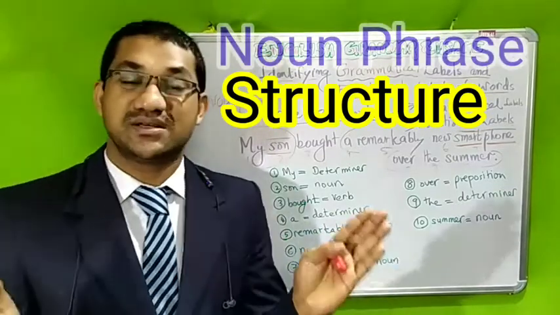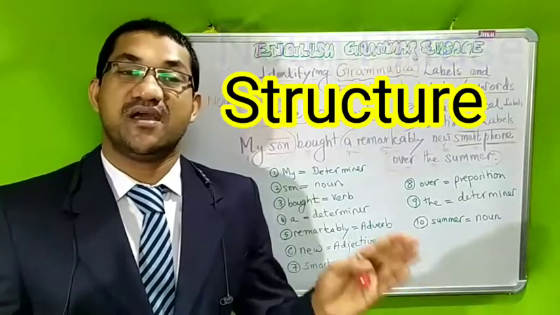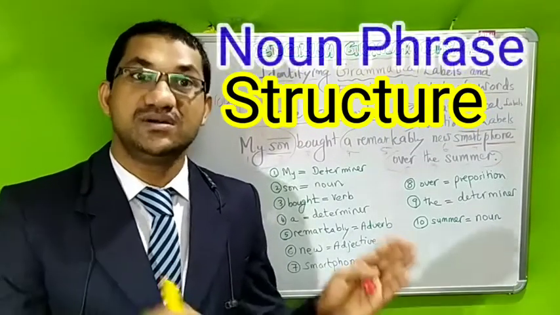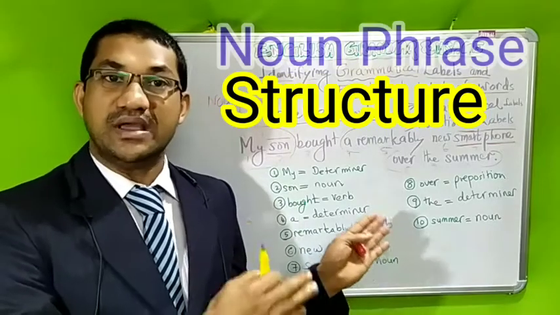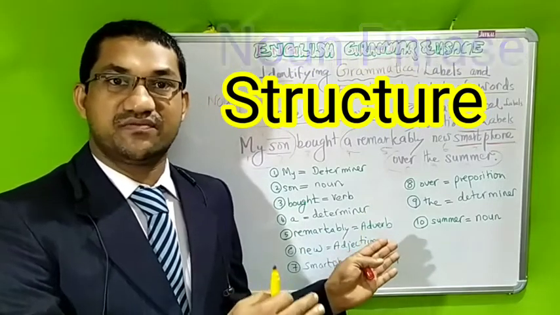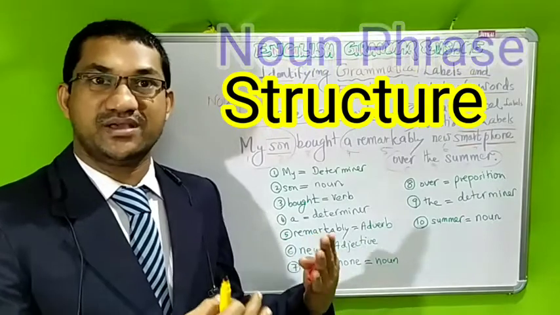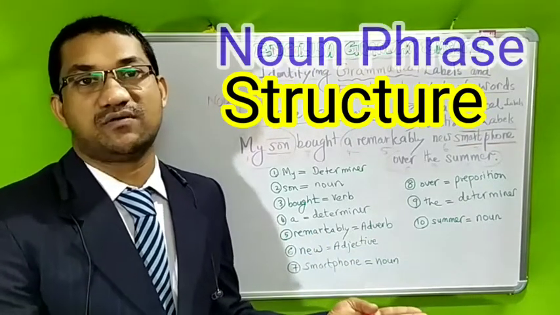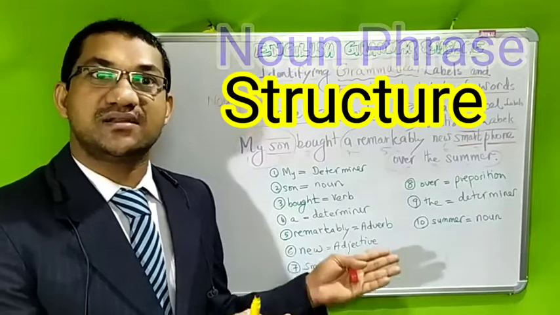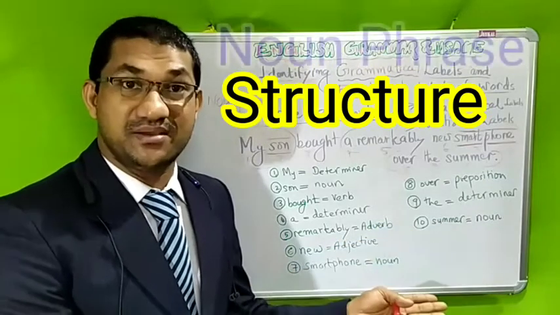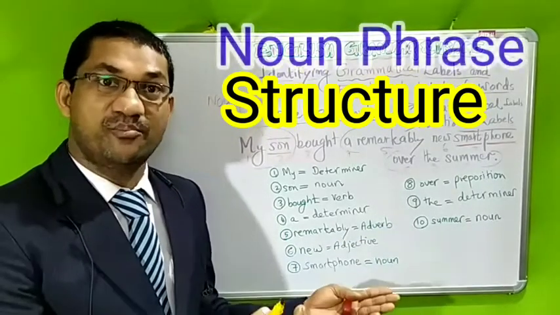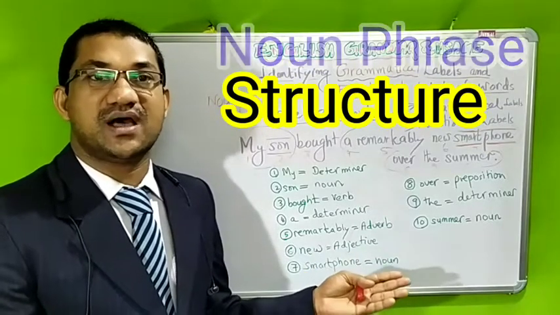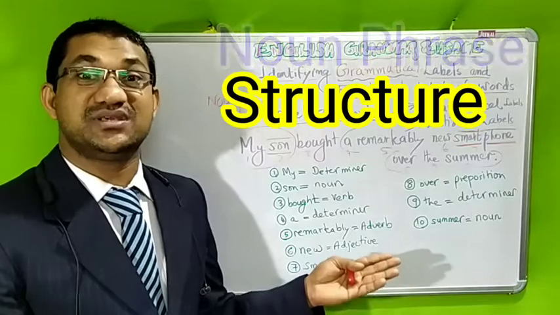We can conclude that every sentence has a number of words in it, and based on the form we can label each of the words, and that is known as a grammatical label. Based on the form, based on the appearance, we label the words.